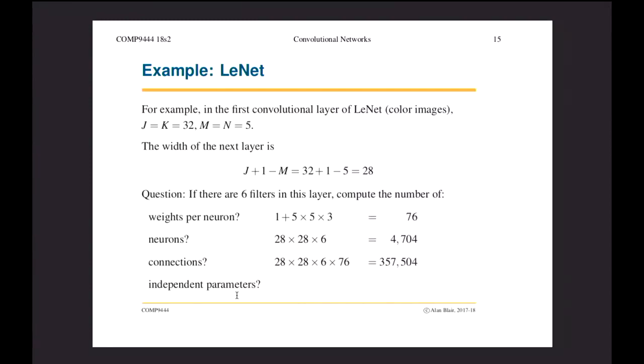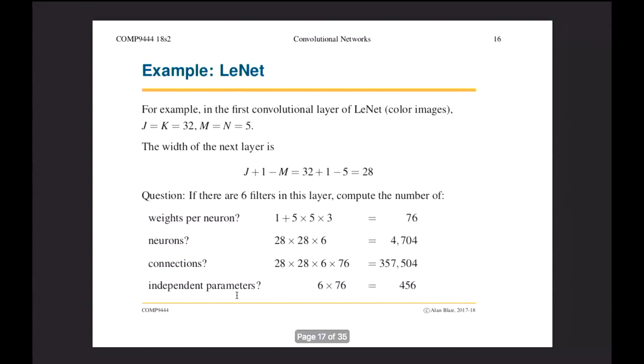What did you say? 28 times 6? 25 times 6? It's something times 6. Okay, it's actually 76 times 6 that is the number of independent weights.